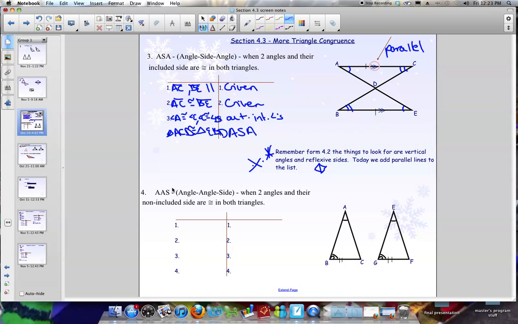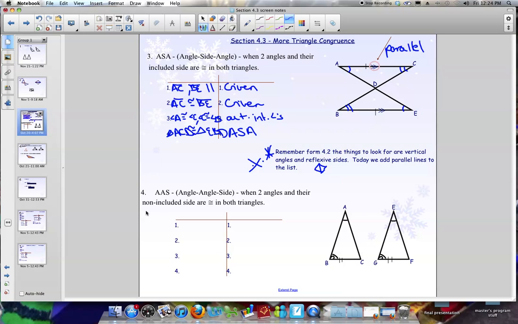The last theorem that we're going to work with today is called angle angle side. Notice that the same pieces are congruent as in the third one here, but instead of the side being in between the two angles, in this case the side can't be between the two angles. It has to be the two angles and then one of the other sides.